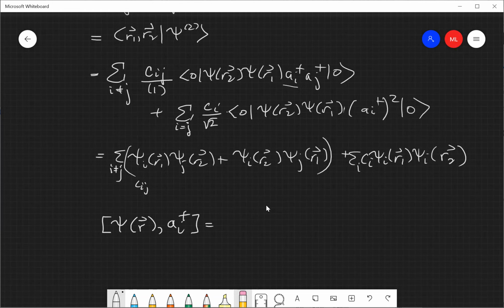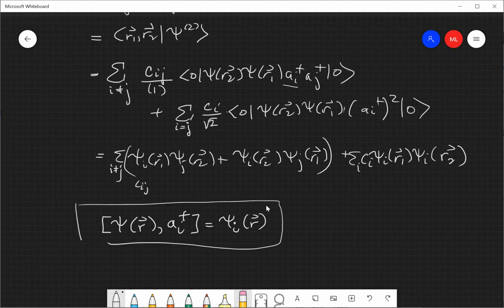And these guys are just the wave functions like this. So you can use this commutation relation, and similarly anti-commutation relation for fermions, to go from these expectation values to just the products of wave functions here.